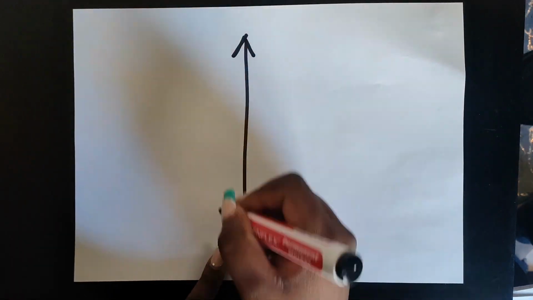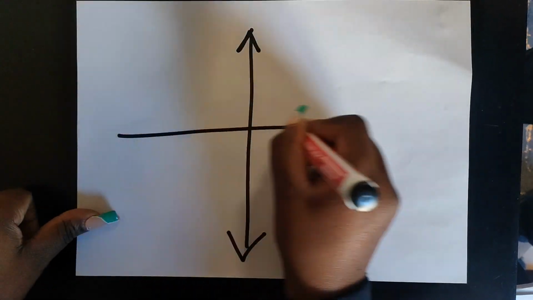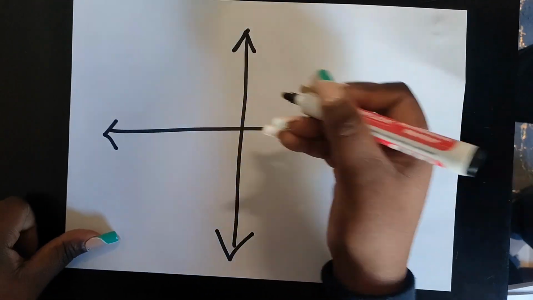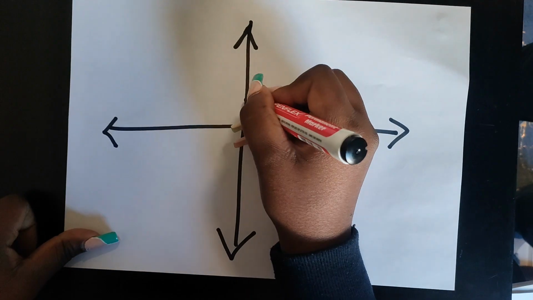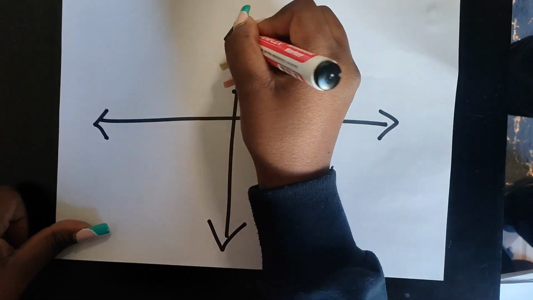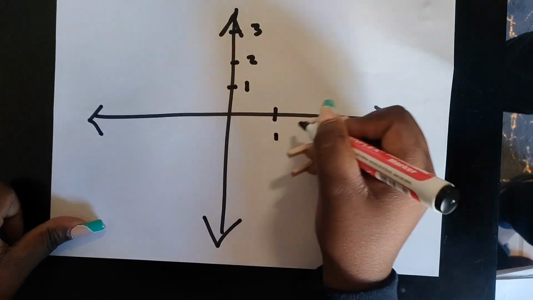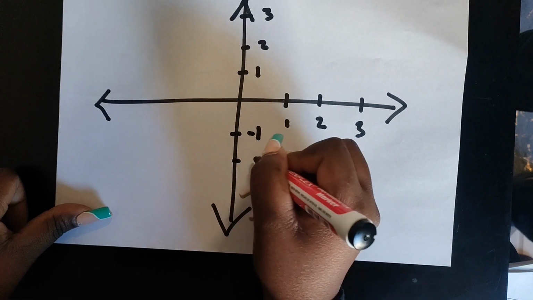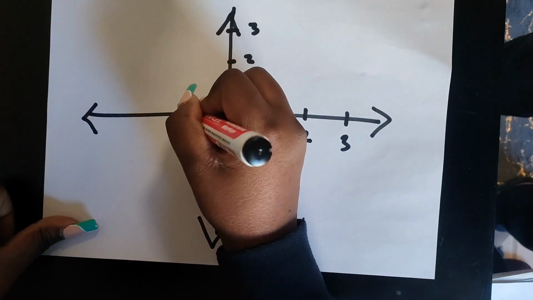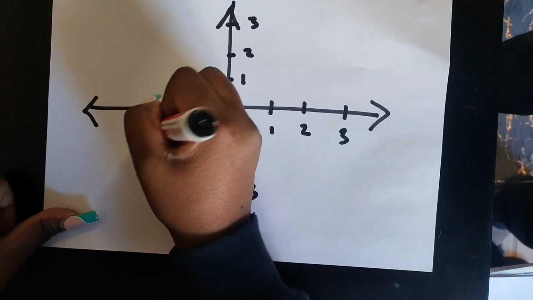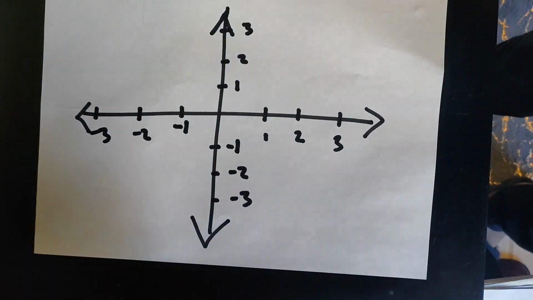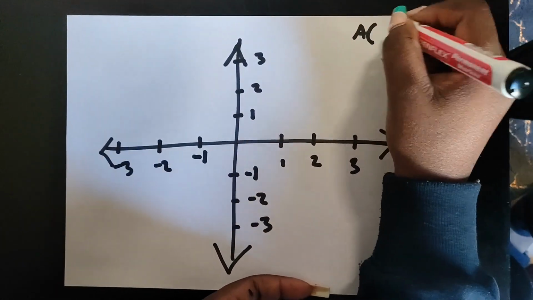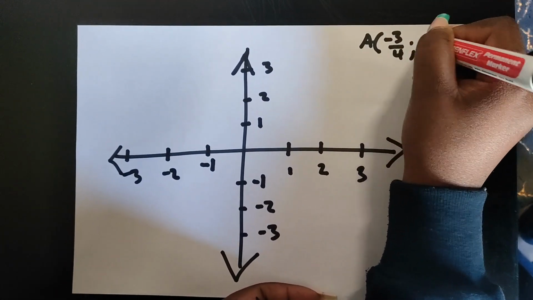Let's see, we have 3 on y. So that's 1, that's 2, that is 3, and 1, 2, 3, negative 1, negative 2, negative 3, negative 1, negative 2, negative 3, right? So our first point, which is A, is negative 3 over 4 and 0.